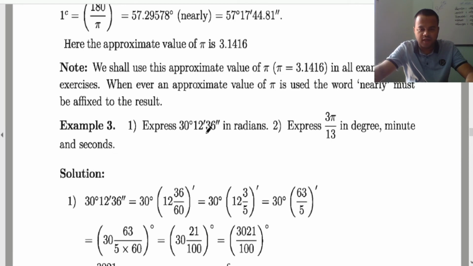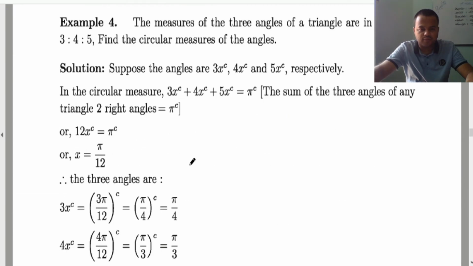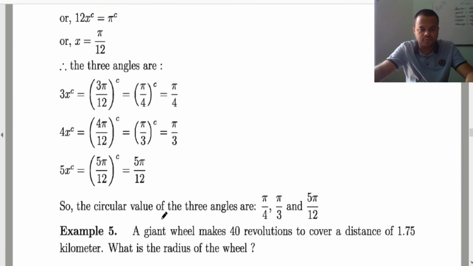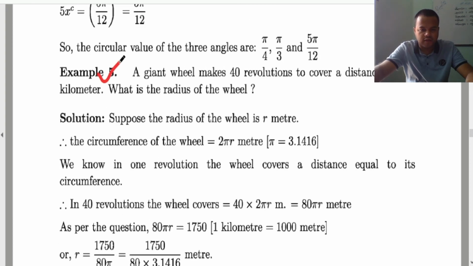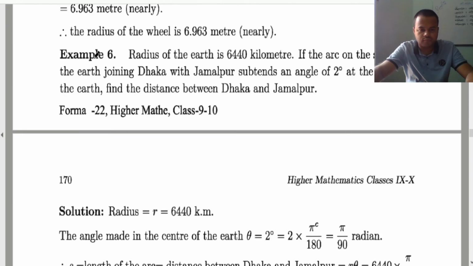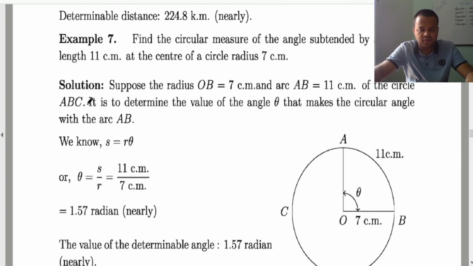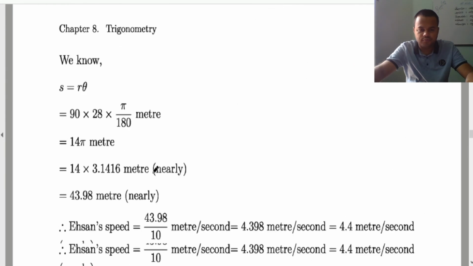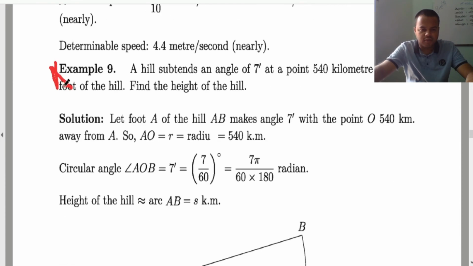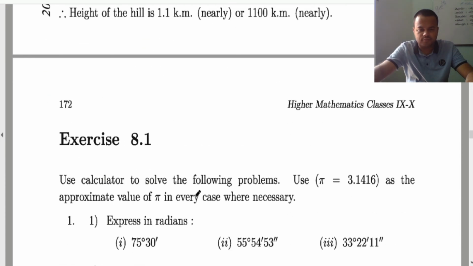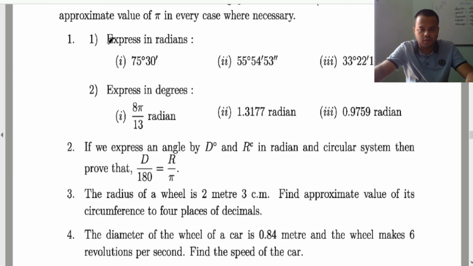Here we have express degree in radians, number 1, number 2, and number 4, number 5, number 6, and number 7. Here this one is very important, number 9. All of you can do number 1, number 3, number 2.